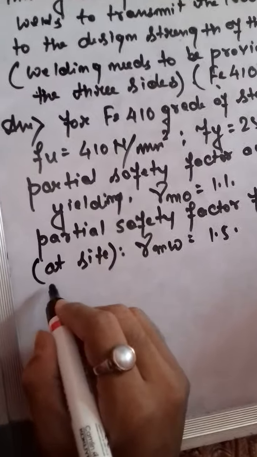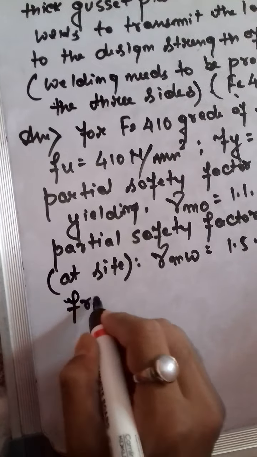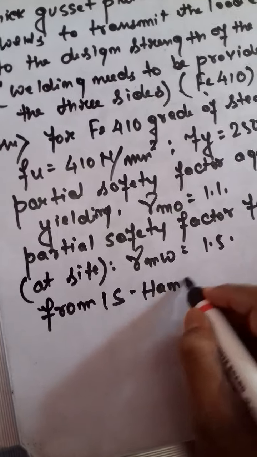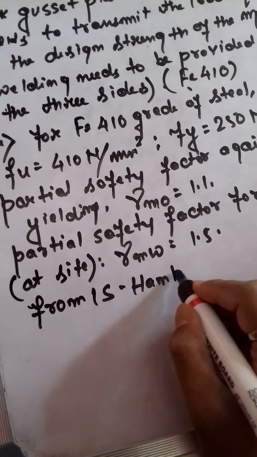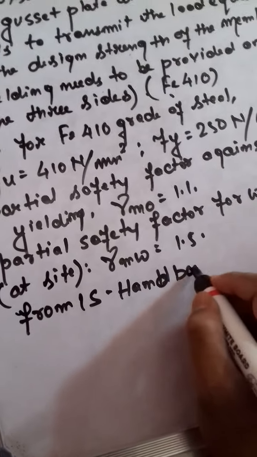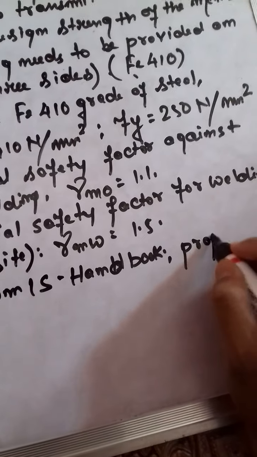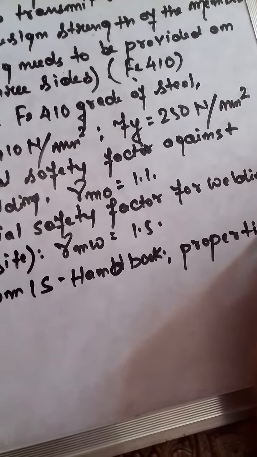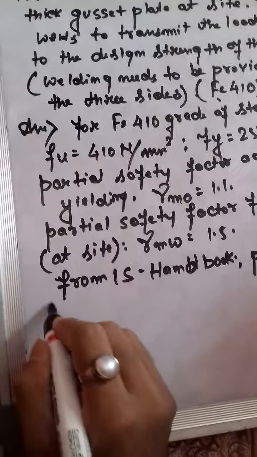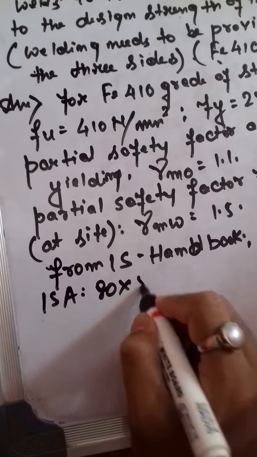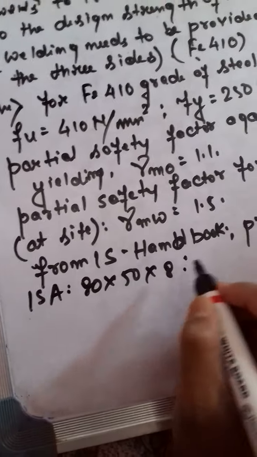Okay, now from IS handbook we have some properties of ISA 80 into 50 into 8.